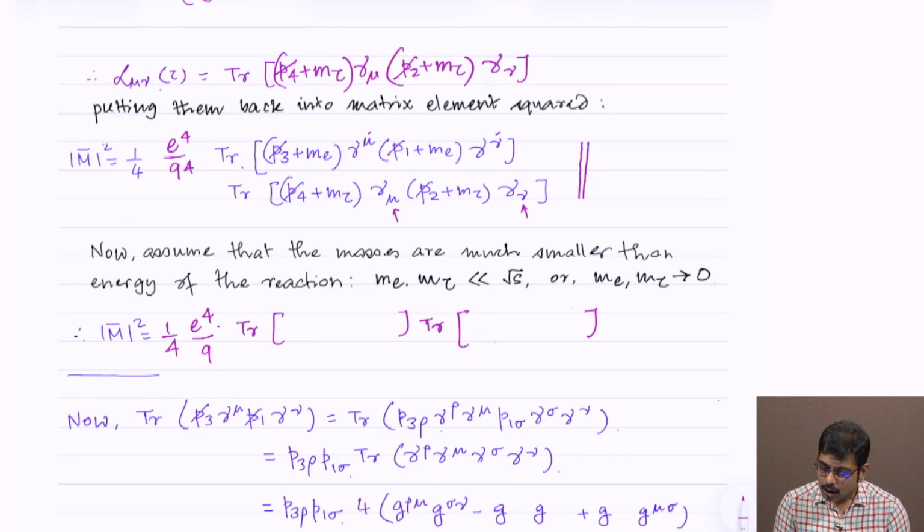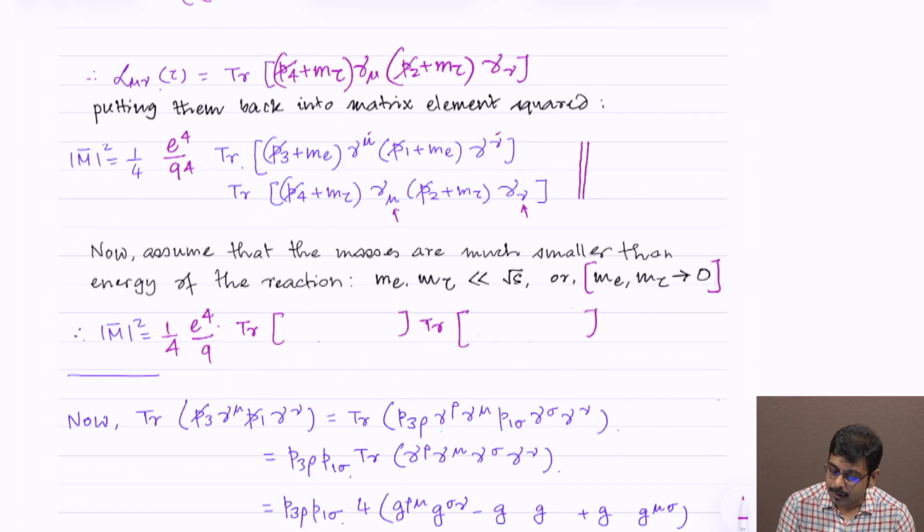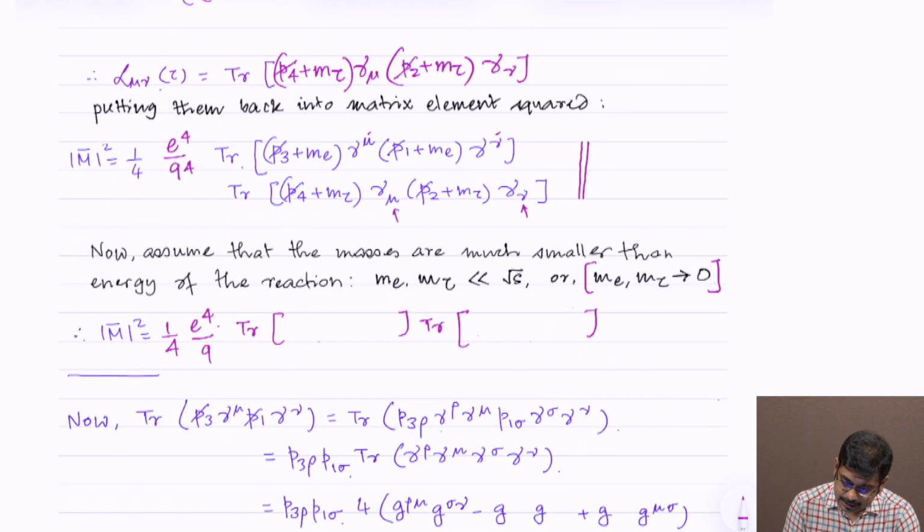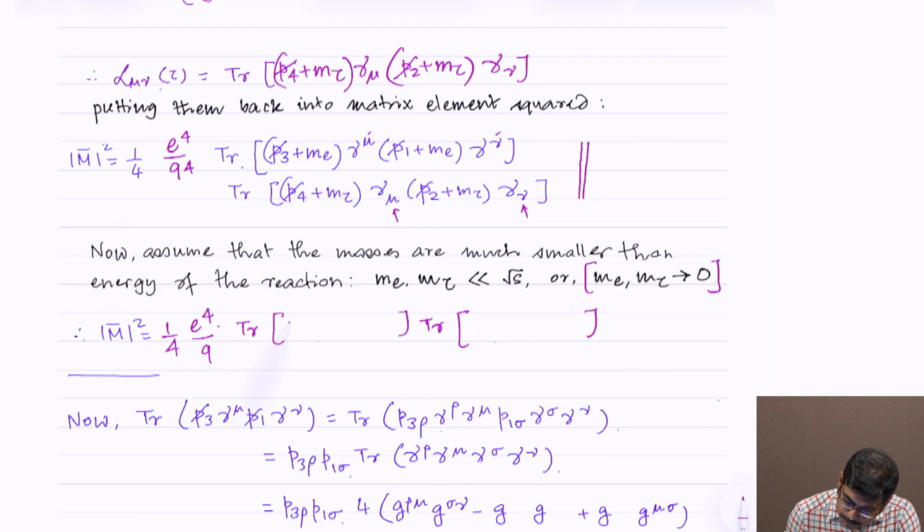So in that case you can say, okay, these masses are not significant for this particular reaction, or you can say that I can treat these masses m e and m tau as almost going to 0. So in that case we can neglect these masses and these trace expressions simplify to some extent.